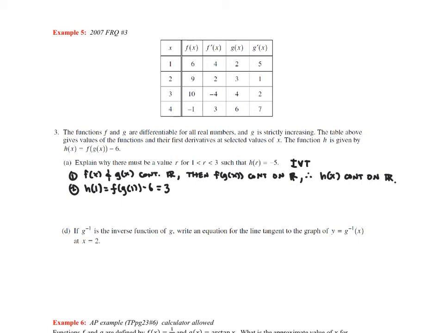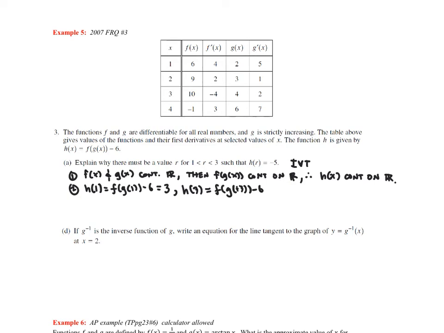So h of 1 is 3, which is good because that's an upper bound for h of r, which is negative 5. h of 3, I'm hoping, is going to be less than negative 5, which will be f of g of 3 minus 6.